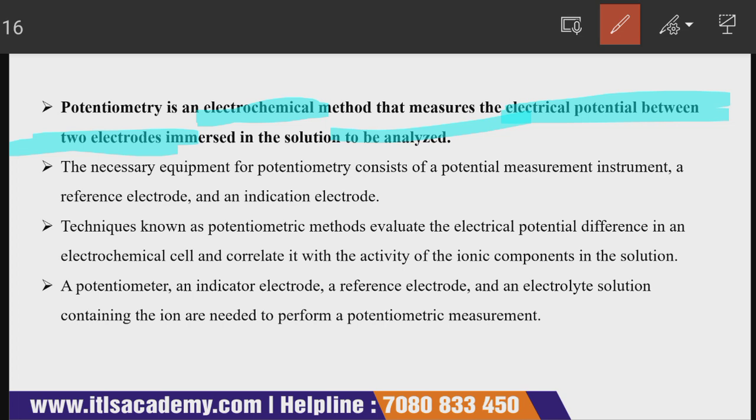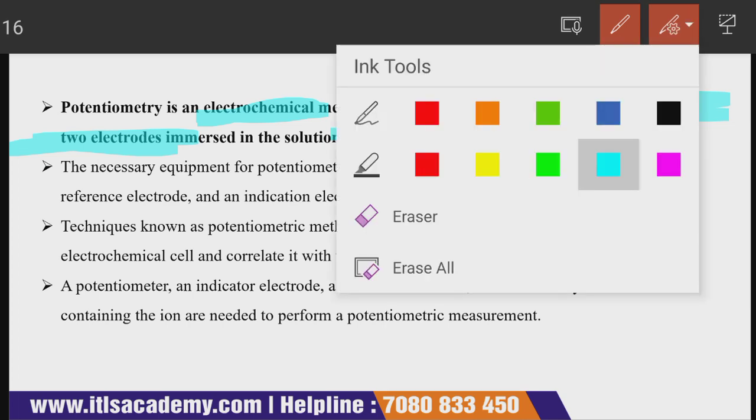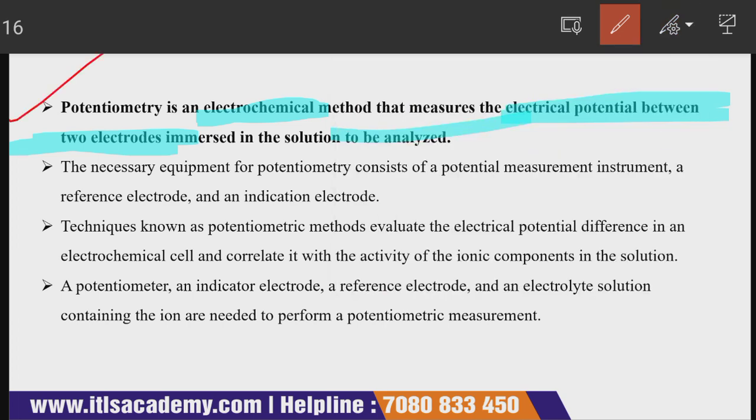In simple language, it is one of the most important analytical techniques where you measure the electrical potential between two electrodes immersed in the solution.